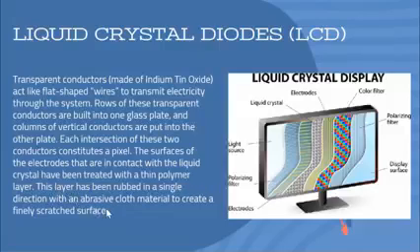This layer has been rubbed in a single direction with an abrasive cloth material to create a finely scratched surface, which provides a horizontal and a vertical surface. So we can identify that this wire runs horizontally, and this electrode runs vertically. Okay?